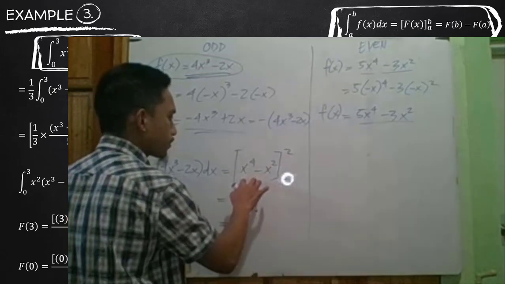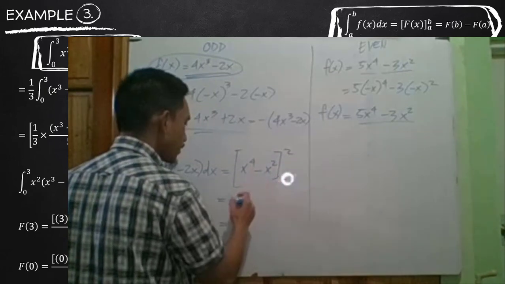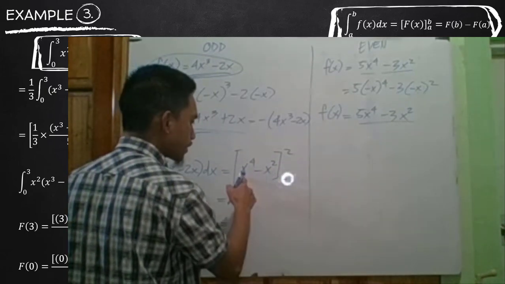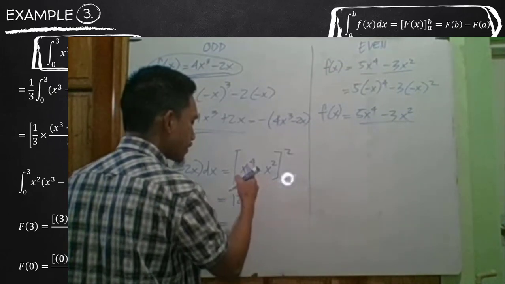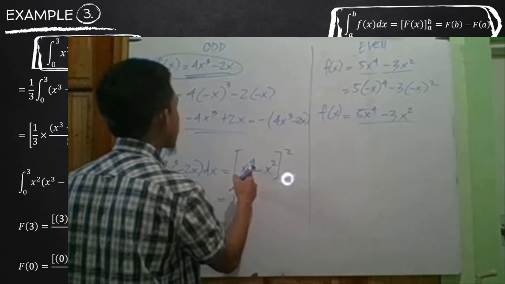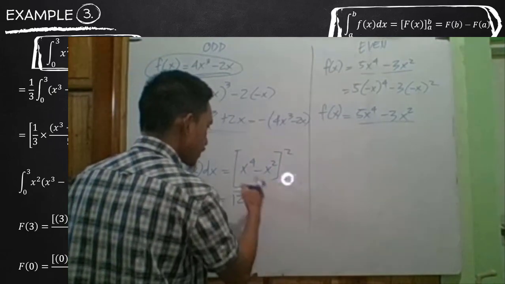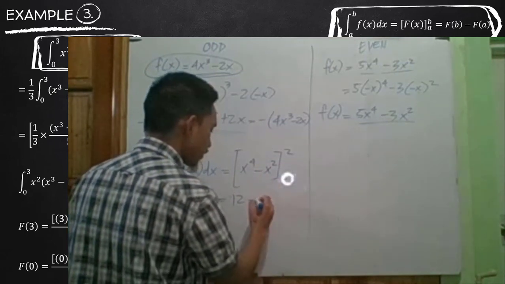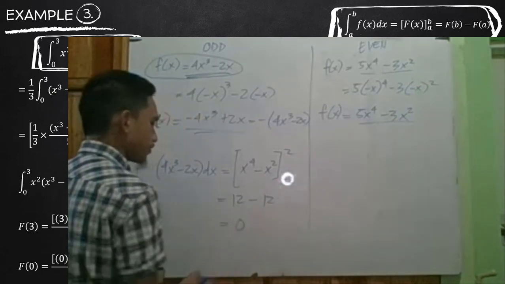So that will be 16. 2 raised to 4 is 16, and that is 4, so that will be 12. And then the lower limit is still positive 16. Even though that is negative, since that is an even number, that will be 16, and this is still positive 4. So subtracting upper limit minus lower limit, this is still 12, so that is 0.